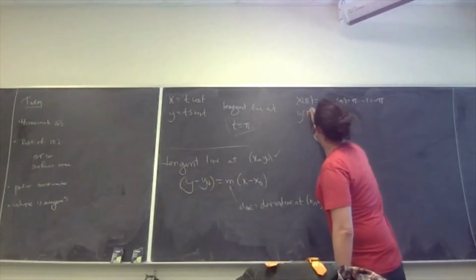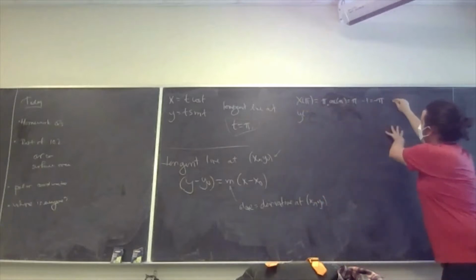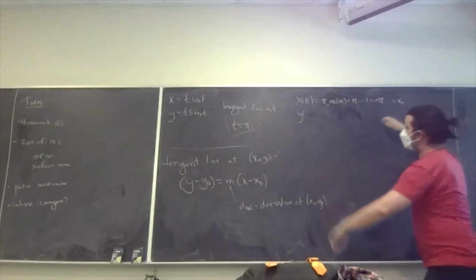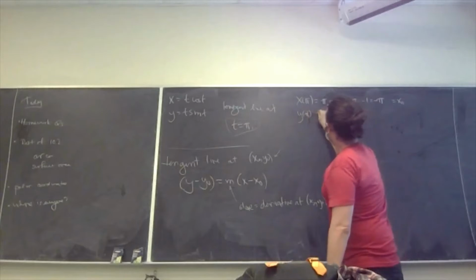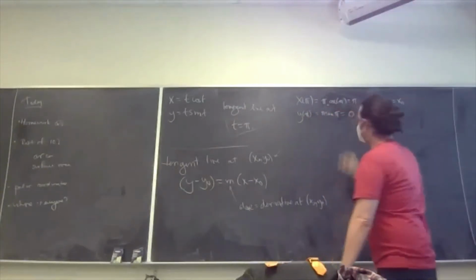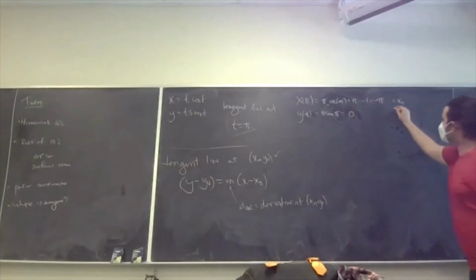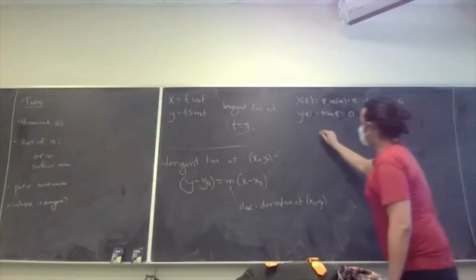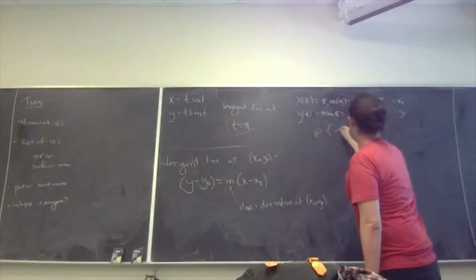And y of pi, so this point right here, this is like x naught in our equation. It's the x naught for the point that we're sticking the tangent line up to. Y of pi is pi times the sine of pi. Okay, why not? So I know I'm working at the point minus pi comma 0.